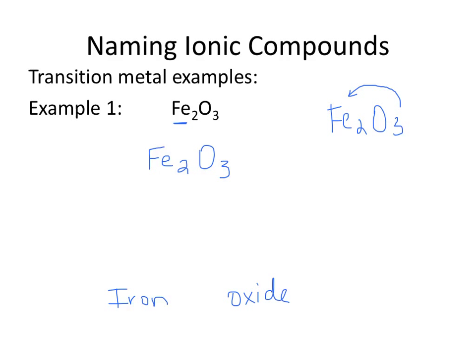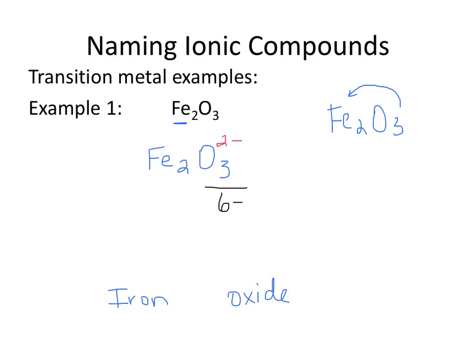So if I look at this, I've got Fe2O3. I don't know what the charge is on iron, but I can look up and figure out what oxygen is. It's in group 16, means it has 6 valence, so it's going to gain 2. And you should have this written on there. It's 2 minus. Well, if it has a 2 minus charge, and there's 3 of them, that is a total negative charge of 6 minus.